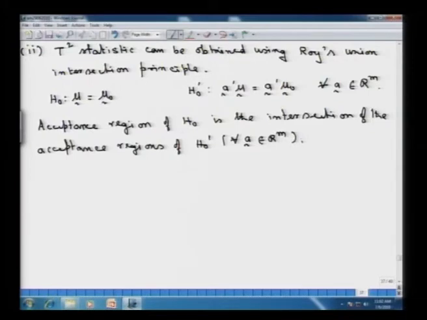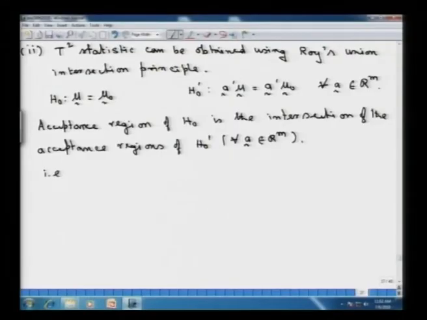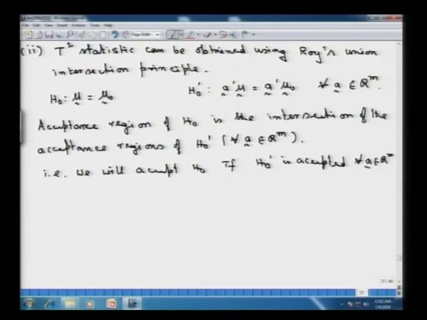That means that this null hypothesis H naught is going to be accepted if we have this H naught prime hypothesis accepted for every value of this A vector. That is, we will accept H naught if H naught prime is accepted for every A belonging to R to the power m.